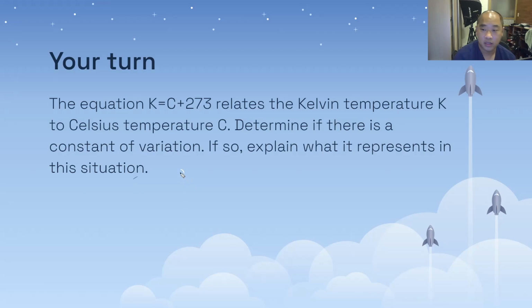So if we put some numbers into C, so let's say 1, 2, and 3, because those are easy, then we get 1 plus 273, 2 plus 273, and 3 plus 273. And that equals 274, 275, and 276.